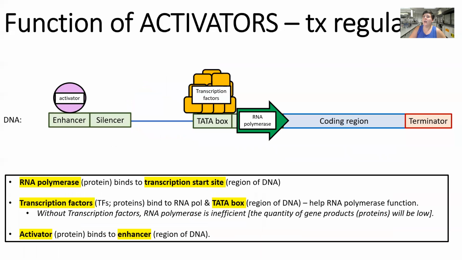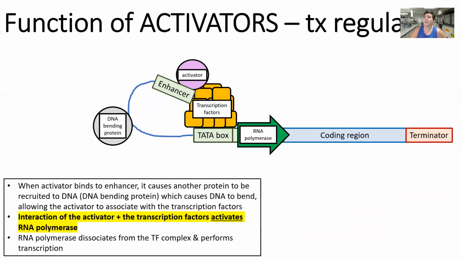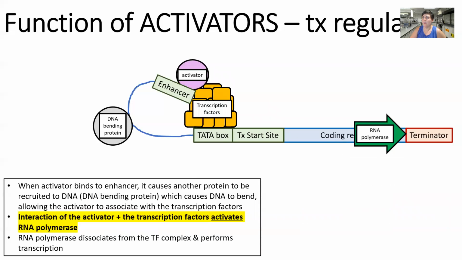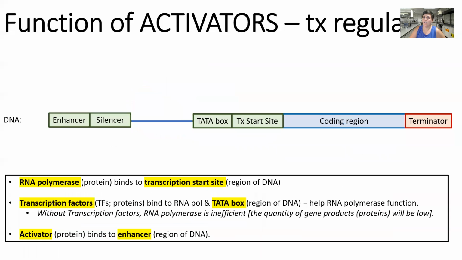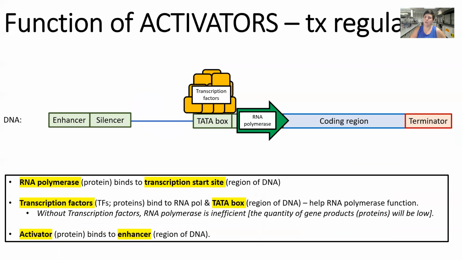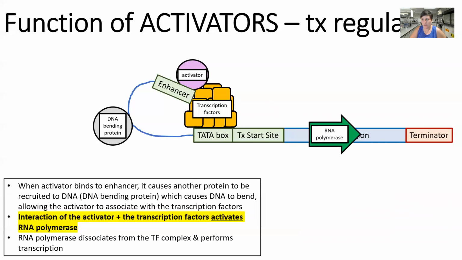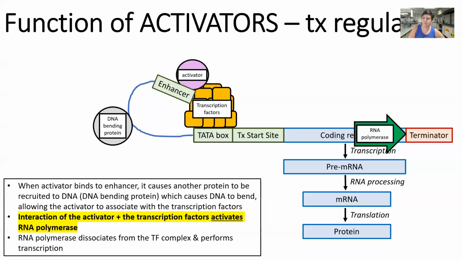So again, unless we have that activator associate with those transcription factors, we won't get transcription. That's the importance of the TATA box, to get those transcription factors, and the importance of the enhancer region is to have that activator turn on RNA polymerase.